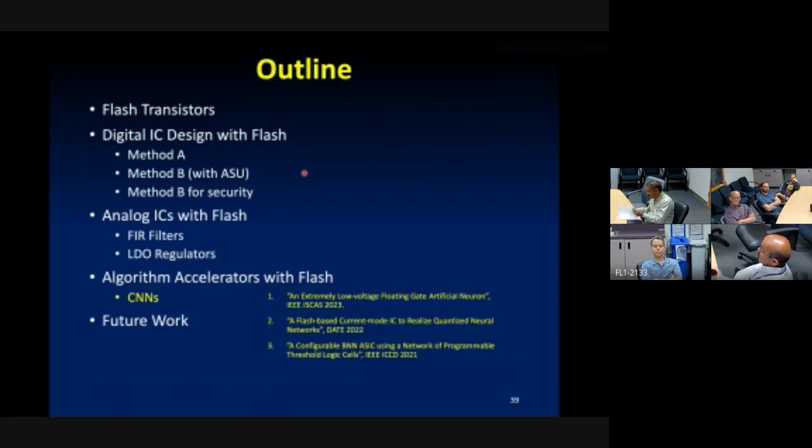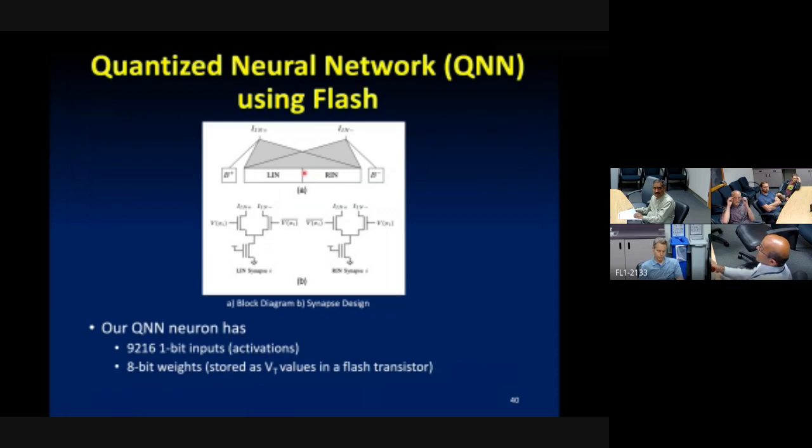Finally, a really quick thing on algorithm accelerators using CNNs, convolutional neural networks. There are some papers on that. The idea here is that we take a quantized neural network where the activations are 1 bit and the weights are multi-bit. We implement it using this bridge type structure, where each input looks something like this.